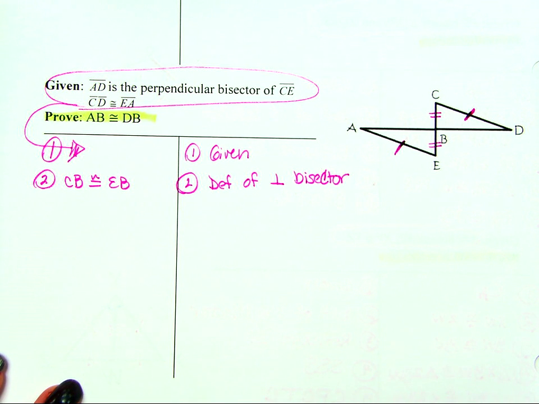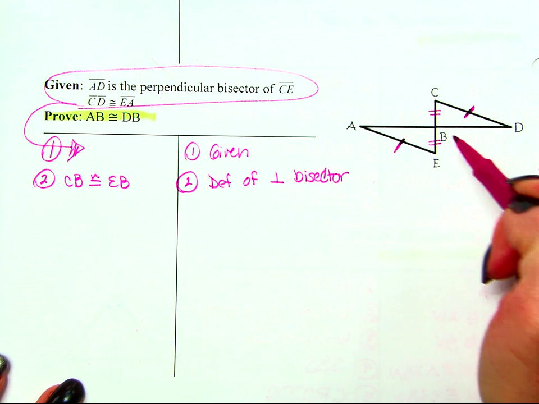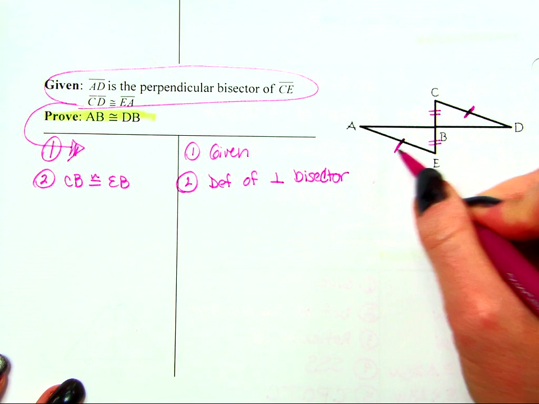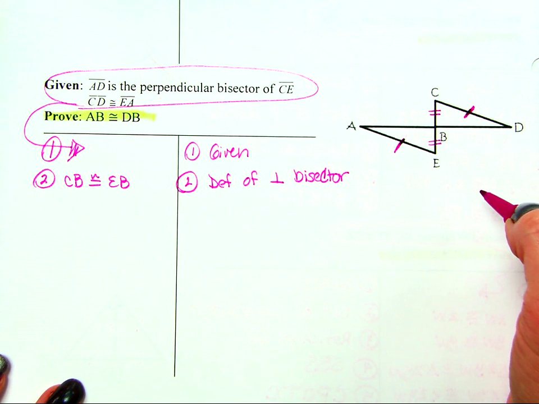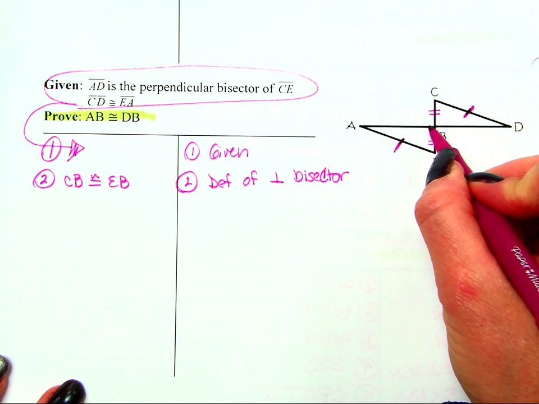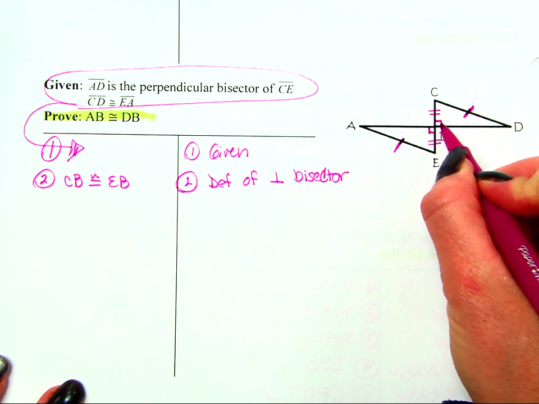Now in this diagram, I do see that I have some vertical angles, but my vertical angles would give me the SSA shortcut, which does not prove triangles congruent. However, we're going to go back to the fact that this is a perpendicular bisector. And so perpendicular allowing me to say, well, these must be 90-degree angles.